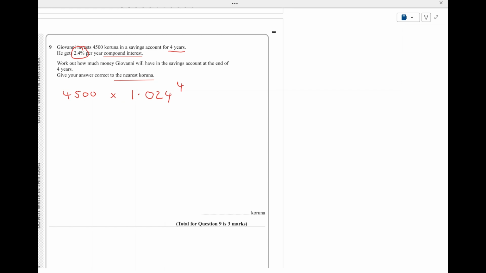So into my calculator goes 4,500 multiplied by 1.024 to the power of 4. Gives me 4,947.80 and so on. Is it just that? Did I put that to the nearest whole unit? 4,948. And that is question 9 done.